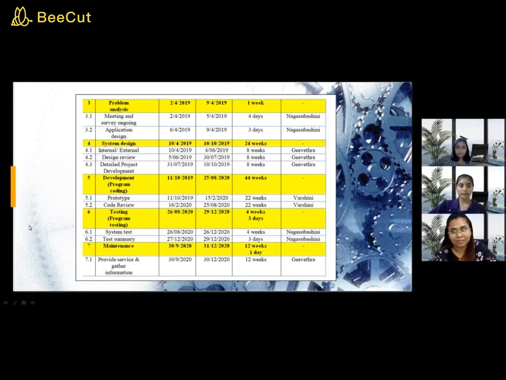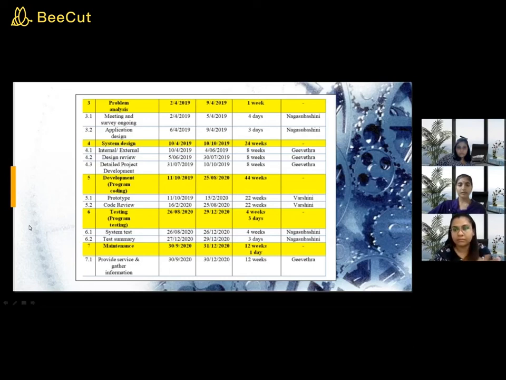Task 6 is testing, which is program testing. Start time is 26th August 2020 and finish time is 29th December 2020. It takes exactly 4 weeks and 3 days. Task 7 is maintenance.